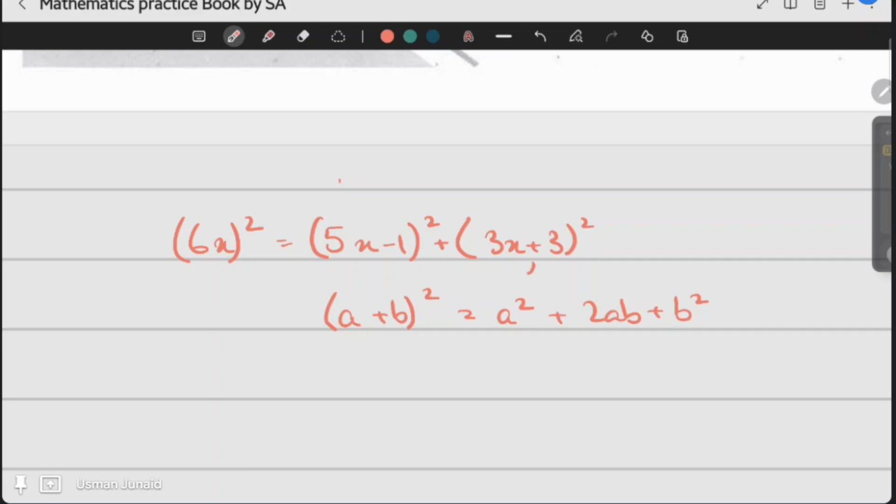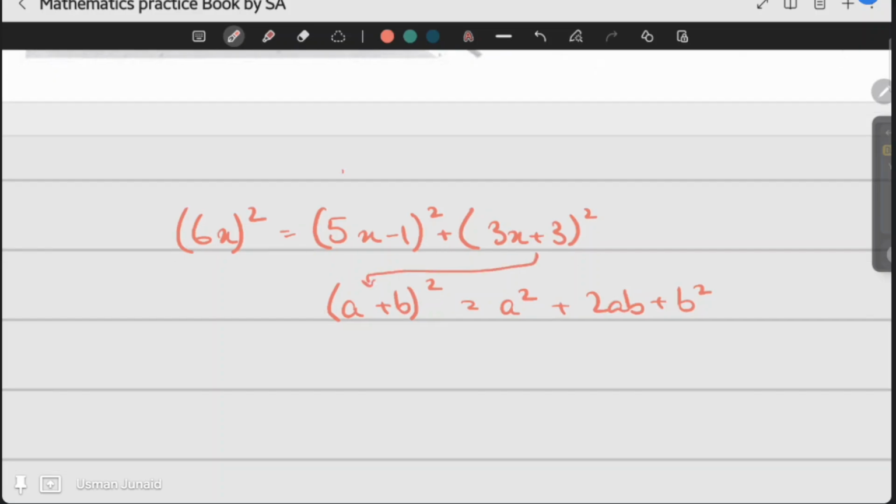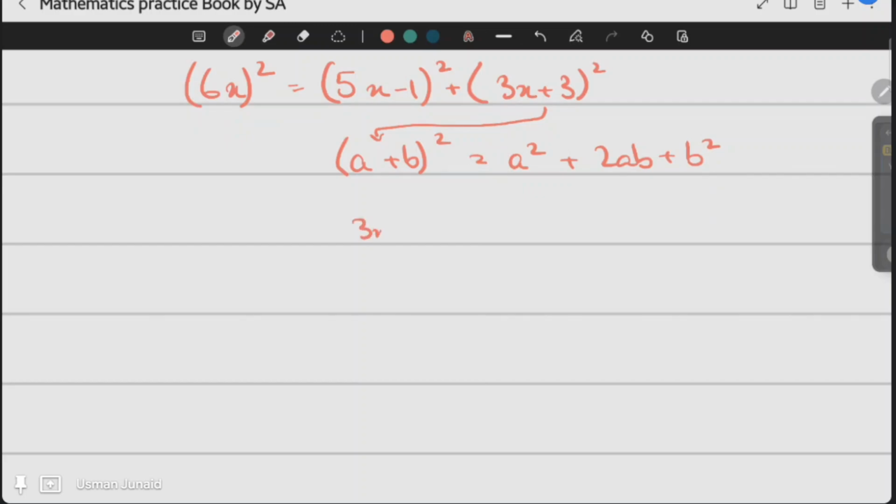So solving this one, it will look like 3x whole squared plus 2 bracket 3x bracket 3 plus 3 whole squared. Does this make sense?